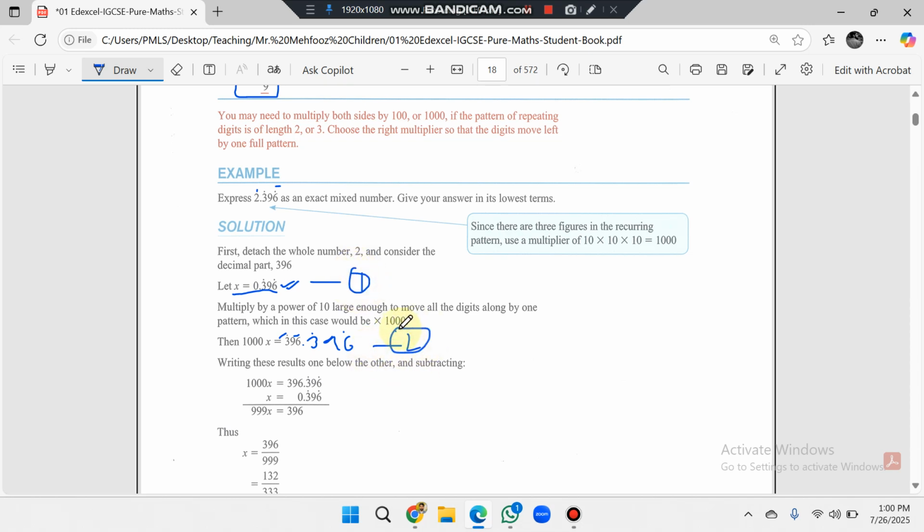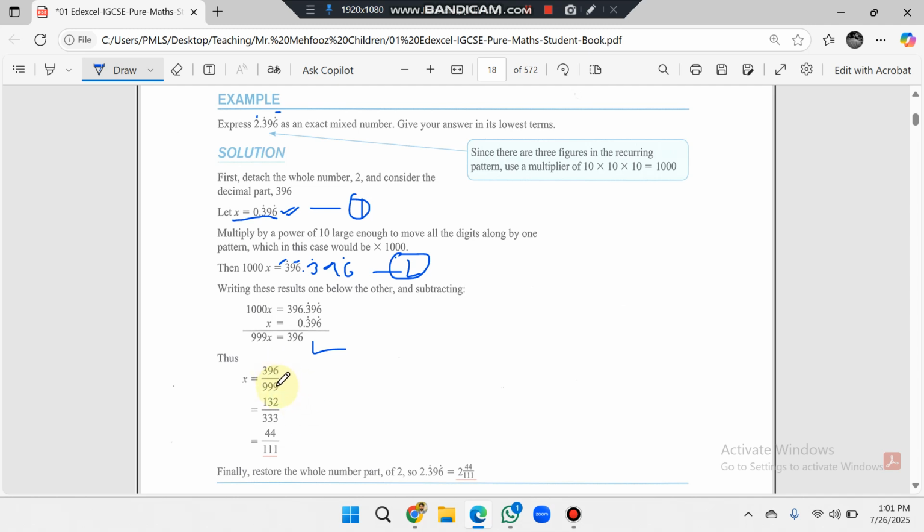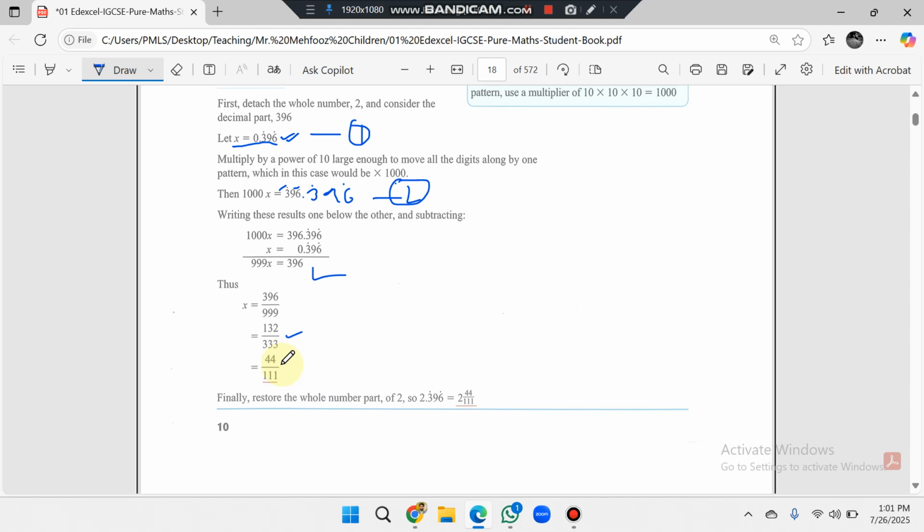When we subtract these two equations, we have 999x equals 396, and your answer will be x equals 396 over 999. When we simplify it, your answer will be 132 over 333. And when we simplify it again, your answer will be 44 over 111.